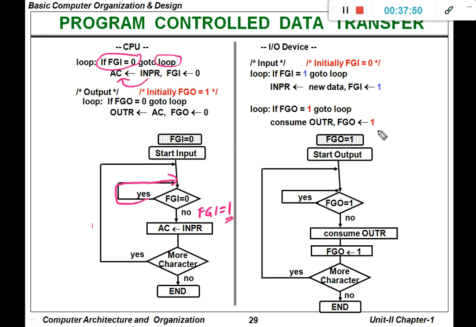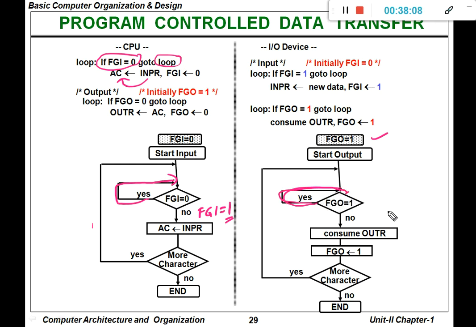As far as the output flag is concerned, the output flag is initially 1. It will be in the loop continuously, checking the FGO value.